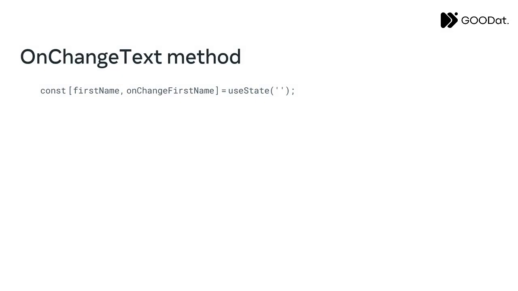A bit more complicated is onChangeText, which is a method that is invoked when something is typed into the box. It's a callback, and the updated text is passed to the callback handler as a single string argument. The callback handler in this case is named onChangeFirstName. It defines a string and sets its state using a React state.